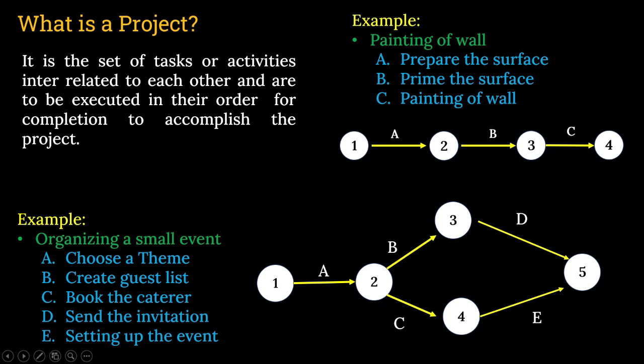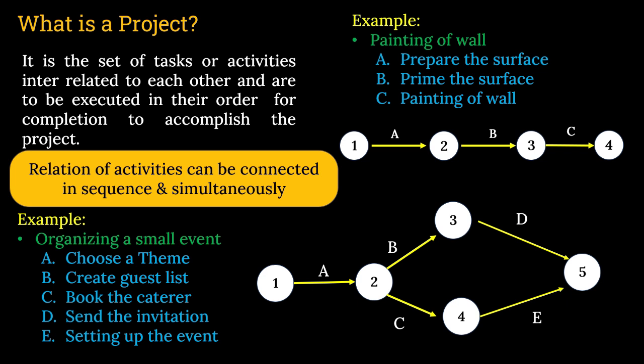So every event should have multiple tasks to be completed, and all those tasks should have a proper sequence. That is the example of the project and network. Is that clear? Fine. If you have any questions, please put them in the comment box. That is very, very important for your clear understanding of the subject or the topic.